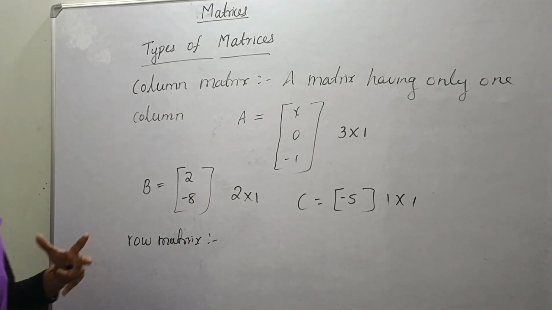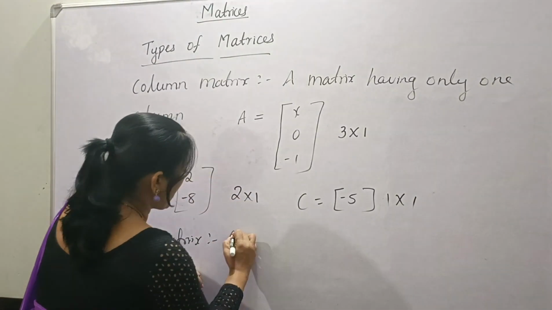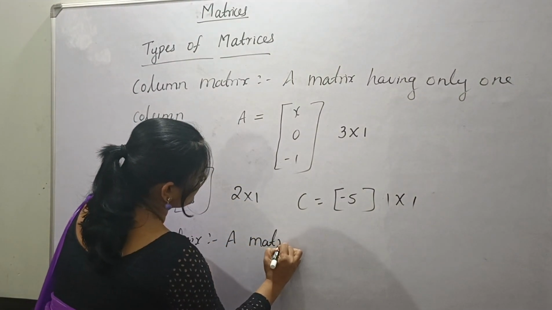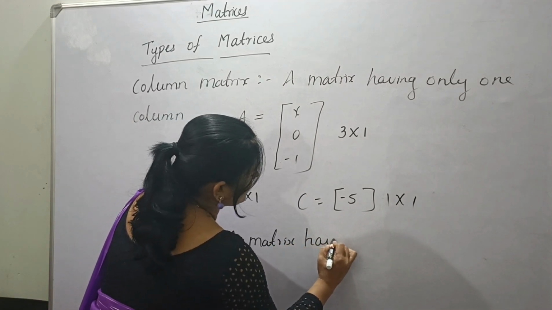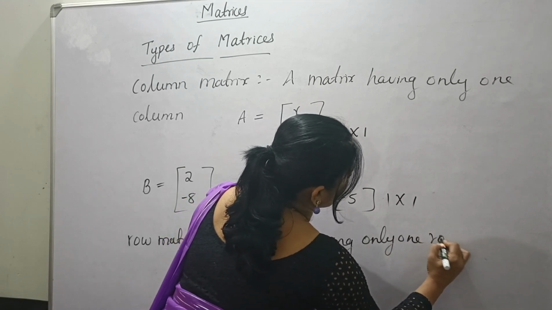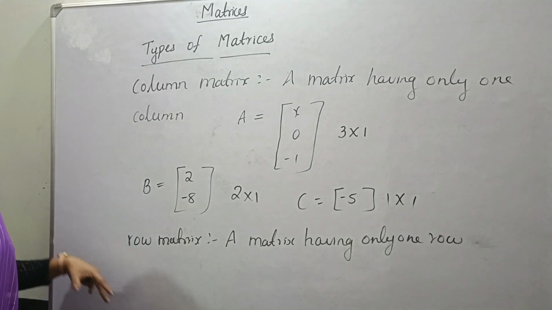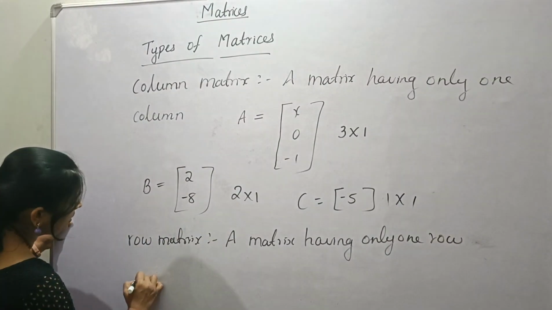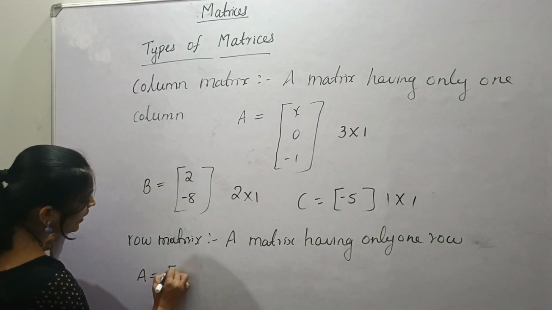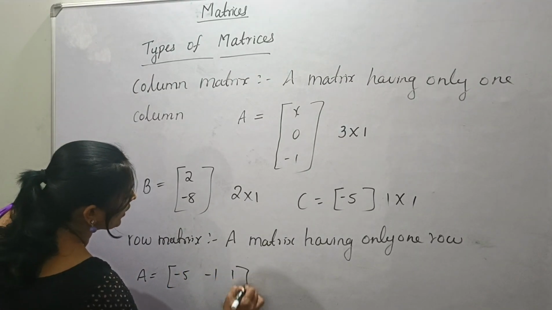Row matrix is a matrix having only one row. A matrix having only one row is called row matrix. Example, A is equal to a matrix minus 5, minus 1, 1.